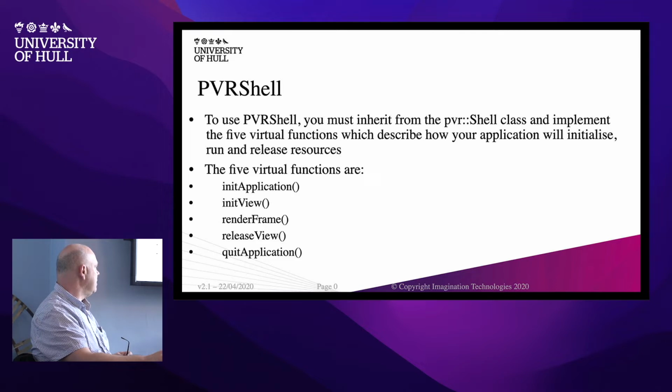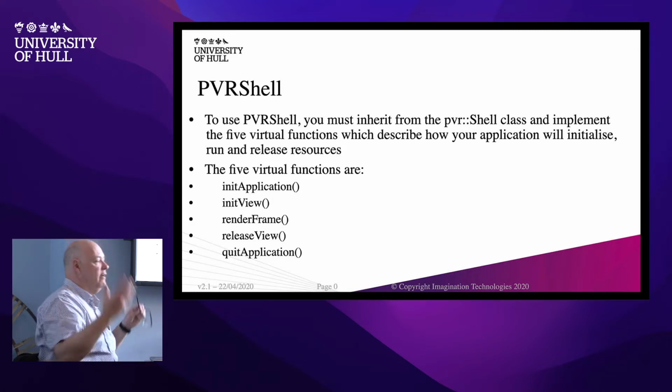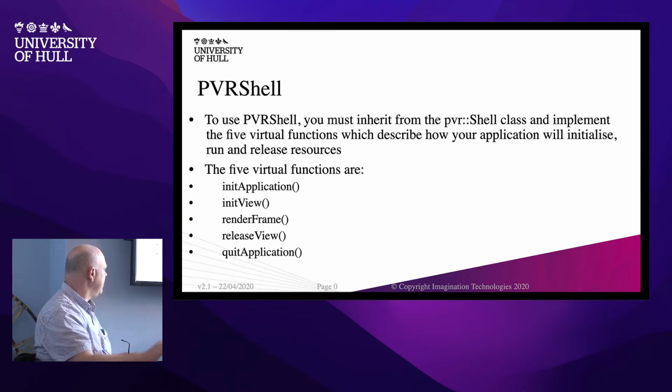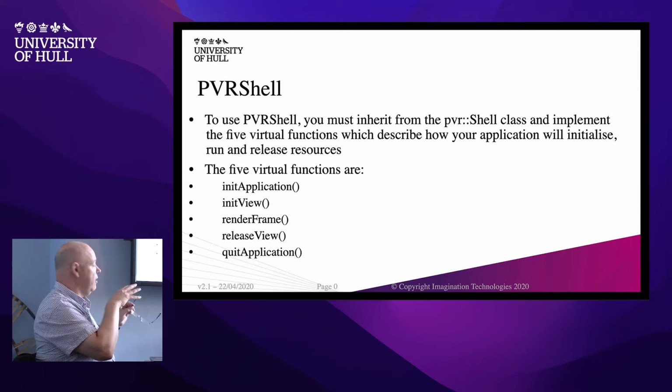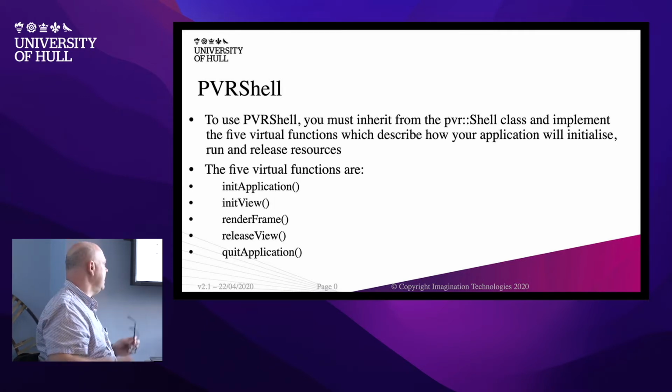It will also tell you when the application is about to go away. It will tell you when a valid graphics context is being created, and I will cover these different ones. It will tell you when the graphics context is about to go away, and probably the most important one, render frame. That's the one that's called every frame. That's where your graphics code goes in, so you can see stuff.